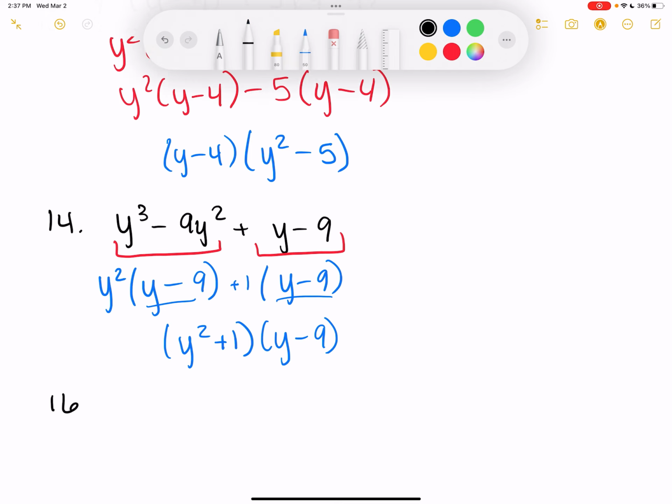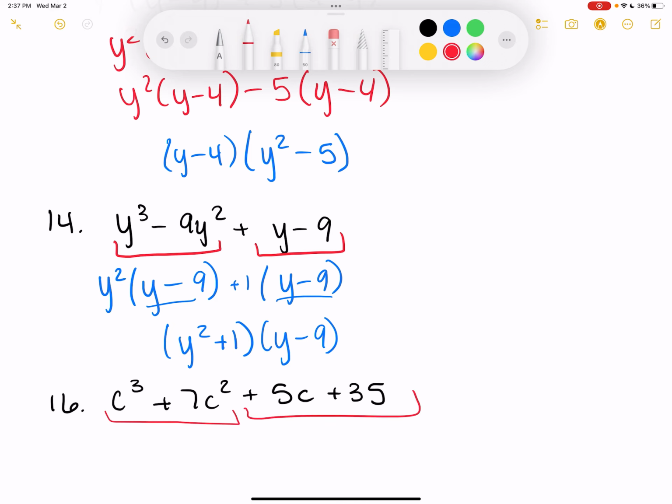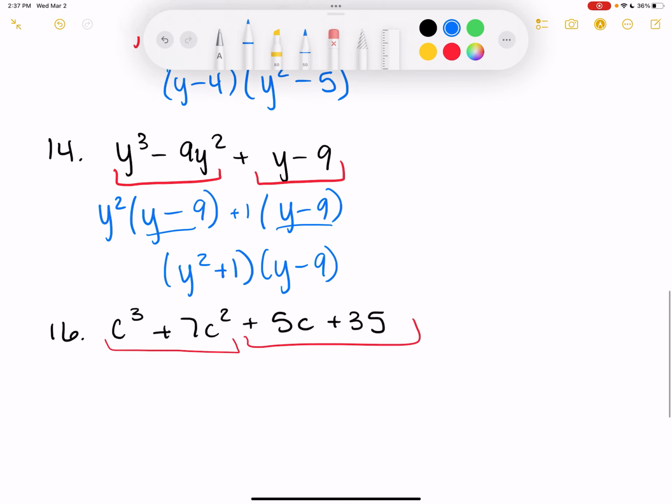Alright, 16. c cubed plus 7c squared plus 5c plus 35. So I'm grouping the first two, last two. What can I take out of the first two? c squared.